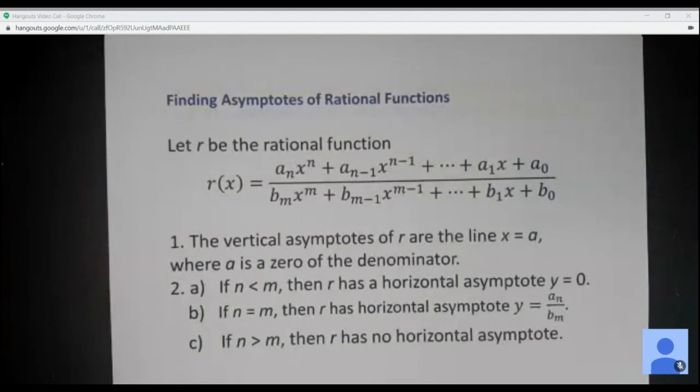I don't know that it's really worth it, just because in a lot of these cases, it's going to be easier just to find those horizontal asymptotes using our 3 rules than it would be to go through that whole process of finding the inverse, okay? So yes, it's legitimate, right? It's good math. I just don't know if it's worth the time and effort to actually have to do that. That's all.